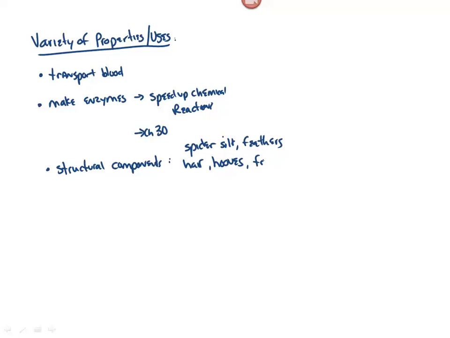I think one of the coolest ones, I call it fish antifreeze. There's a protein that fish in very northern waters, we're talking Antarctic waters, all have, that essentially keeps their blood from freezing. So it's kind of like fish antifreeze.